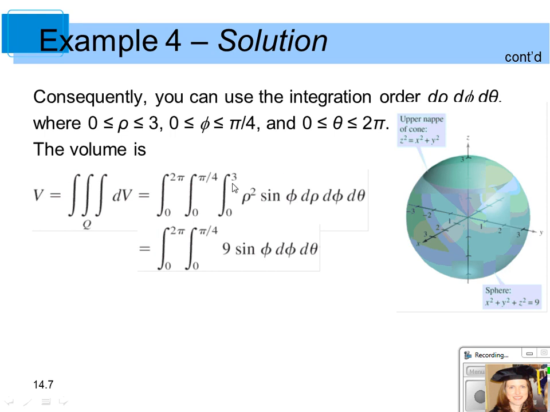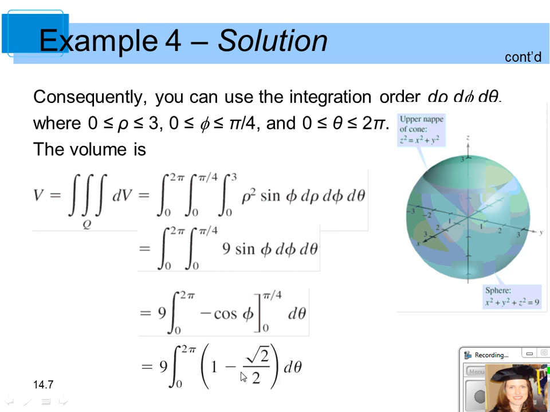When you take the antiderivative of the inside with respect to rho, you treat rho as the variable and phi as a constant. That's going to be rho to the third power over 3. Then when you plug in rho equals 3 and rho equals 0 and simplify, you get 9 sine phi. You integrate the inside integral with respect to phi and evaluate it at the bounds.